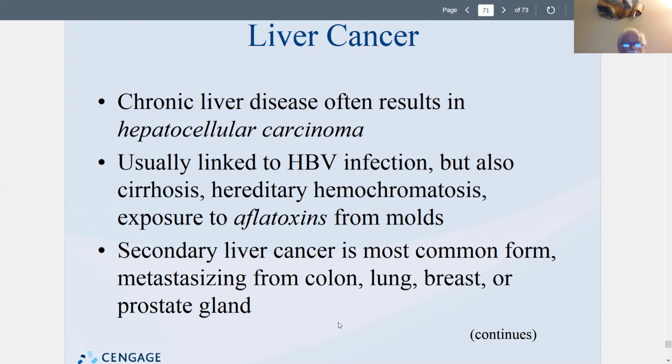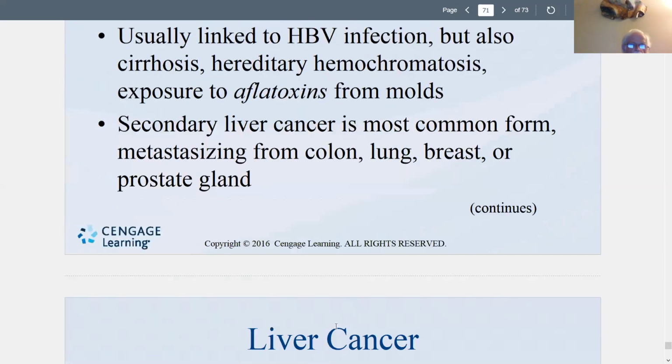Secondary liver cancer is the most common form of this, and it comes because the cancers in colon, lung, breast, and prostate can metastasize to the liver.